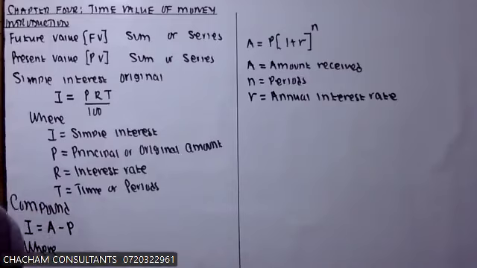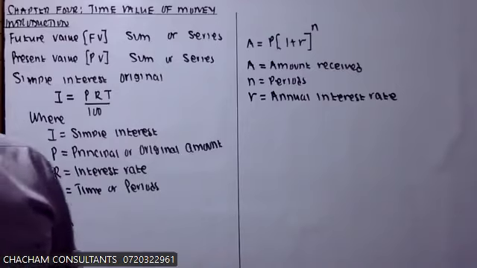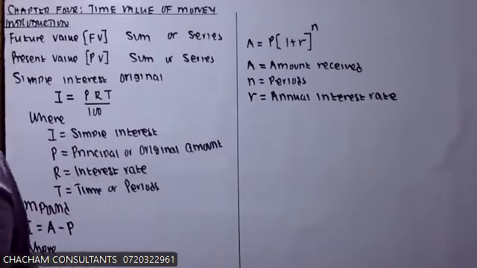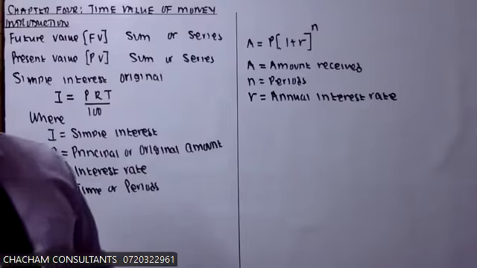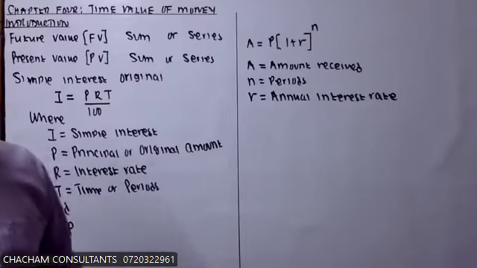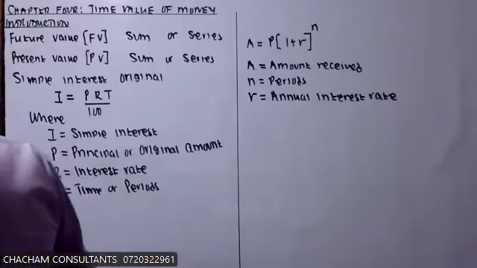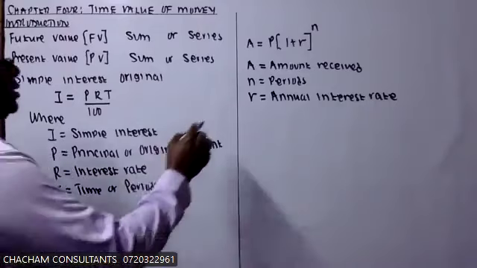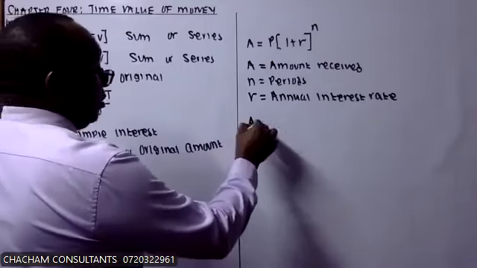Another sentence, you write: if compounding is done more than once in a year, you write this formula.